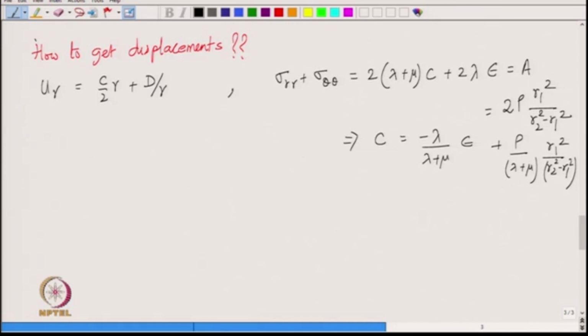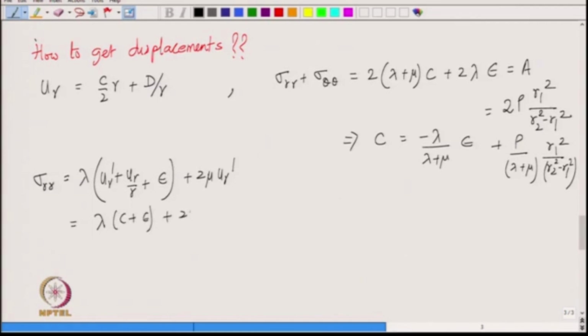To do that, maybe let us write down the expression for sigma r r. So, sigma r r is, now we know, lambda times u r prime plus u r by r plus epsilon, plus 2 mu into u r prime, and this is then lambda times c plus epsilon plus 2 mu, and then u r prime we can write from the expression for u r here.